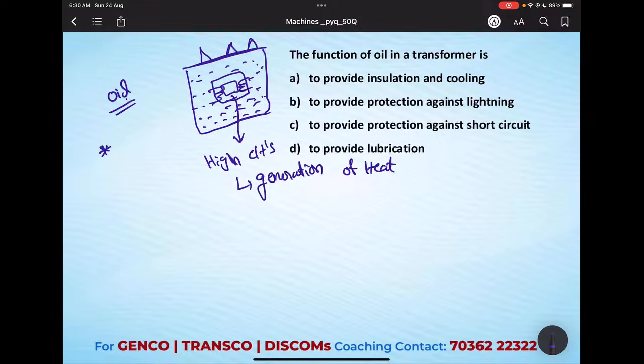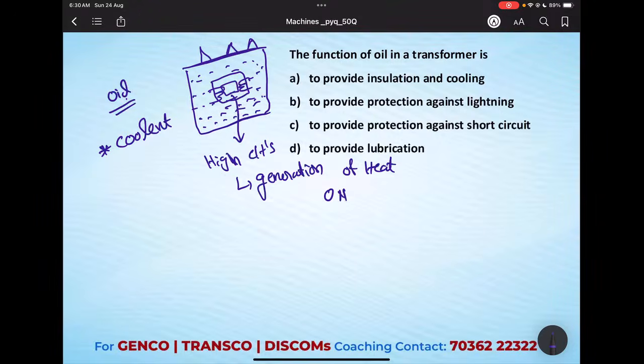For that we need a coolant medium. Whatever oil you are using here, it will act as a coolant medium. The first purpose of oil is to act as a coolant medium. Whatever heat is generated is going to be cooled down by the oil. How is it going to cool down? In high rating transformers, there are different types of cooling methods you might have studied. Oil natural means that oil is circulated through radiator banks.